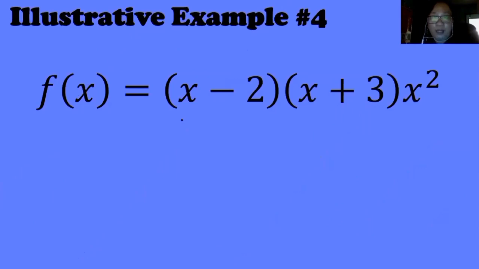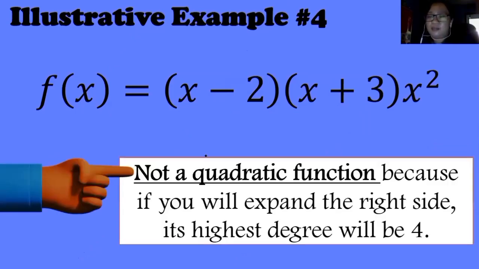Last example, we have here f of x is equal to the quantity x minus 2 times the quantity 3x plus 3 times x squared. This is not a quadratic function because if you expand the right side, its highest degree will be 4. Meaning to say, if you multiply x times x, you'll get x squared.